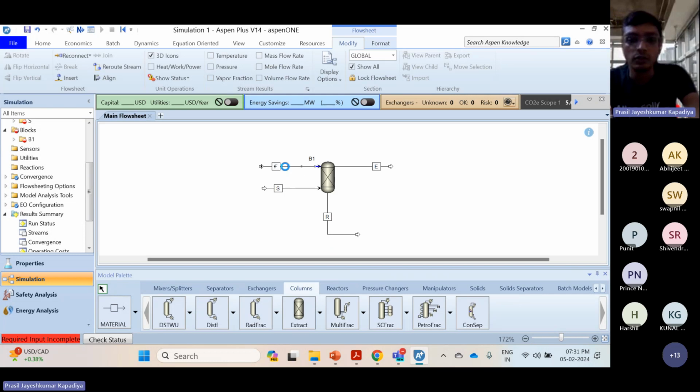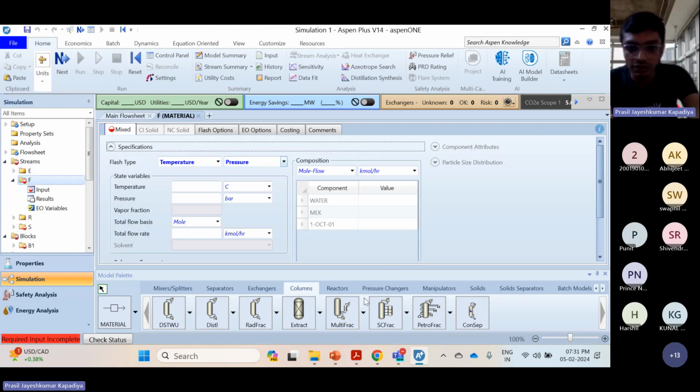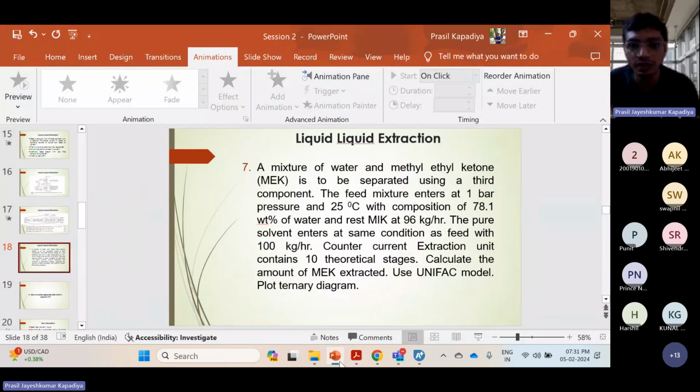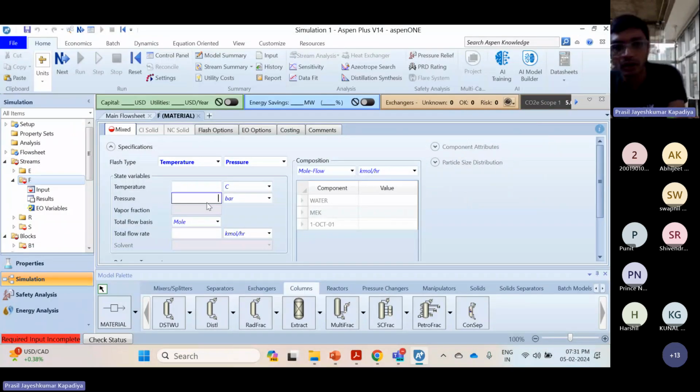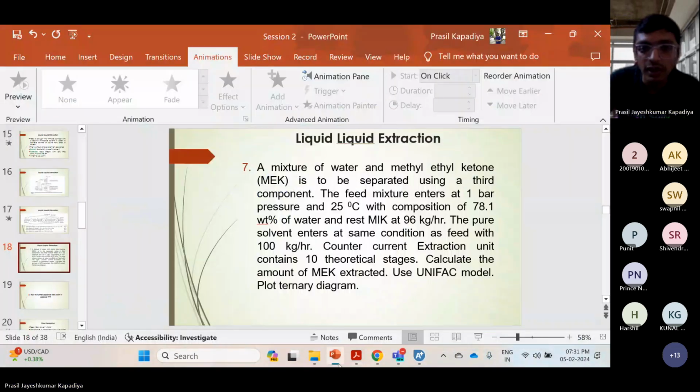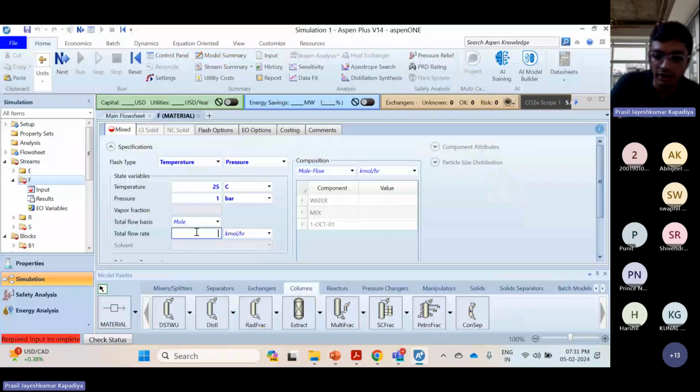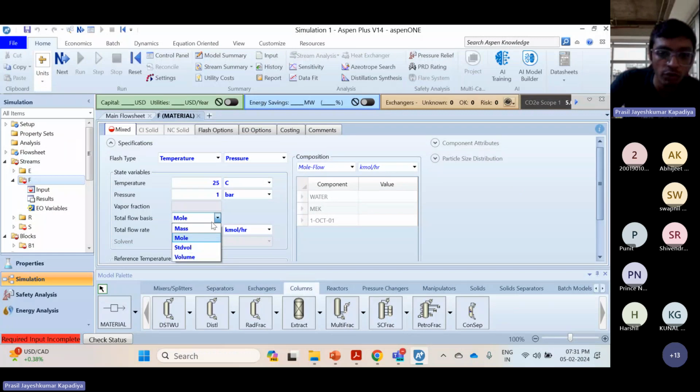Okay. So now let's go for feed condition first. What is feed condition given to us? 1 bar pressure, 25 degrees Celsius temperature. And 96 kg per hour. So we'll change mole to mass kg per hour. And we are given mass fraction.